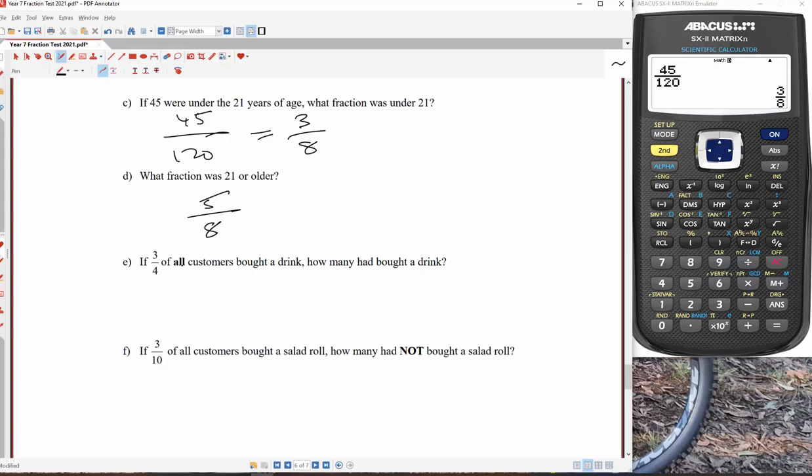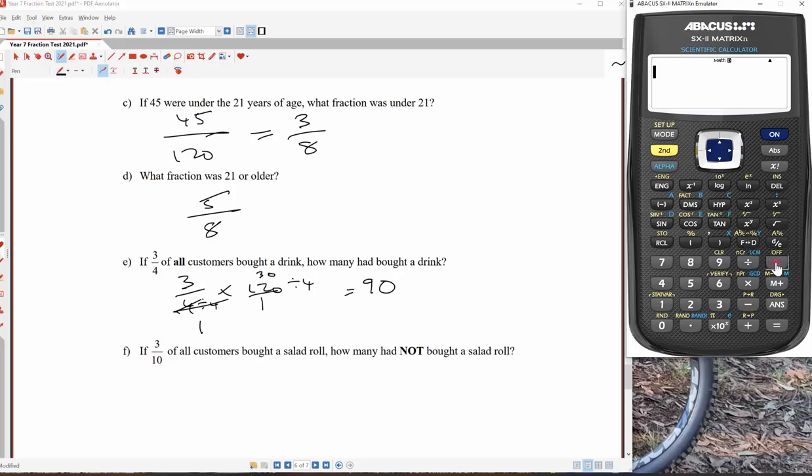If 3/4 of all customers bought a drink, how many had bought a drink? So that's 3/4 times 120 over 1, divide by 4, divide by 4. That's once, and 4 goes into 120 30 times. 3 times 30 is 90.